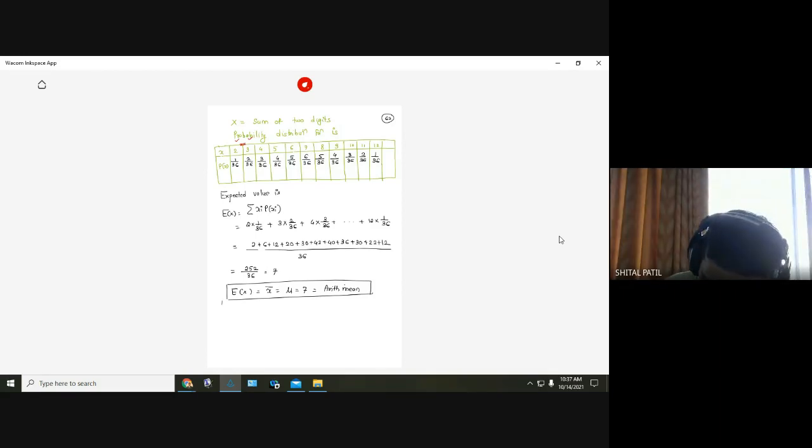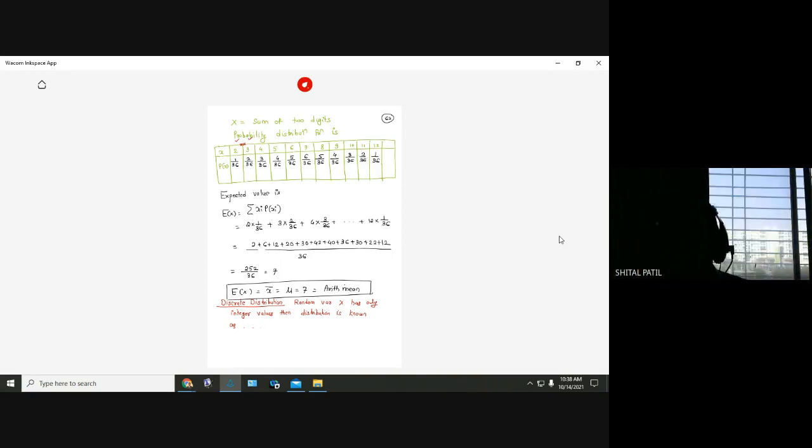Okay, so discrete distribution: if random variable x has only integer values, then the distribution is known as a discrete distribution. Okay, let me go to the next page.